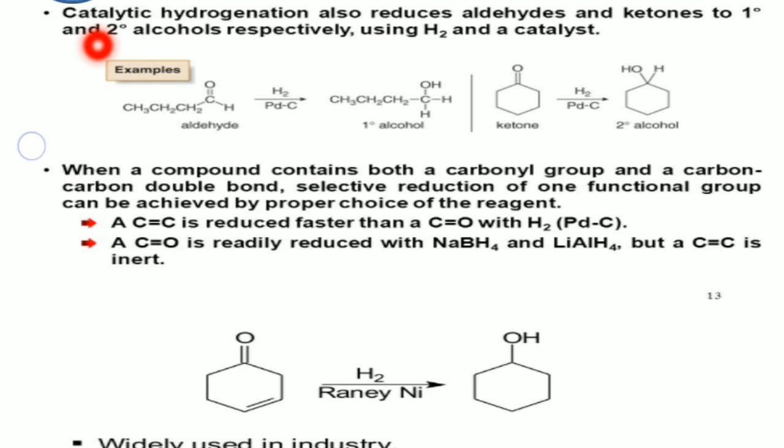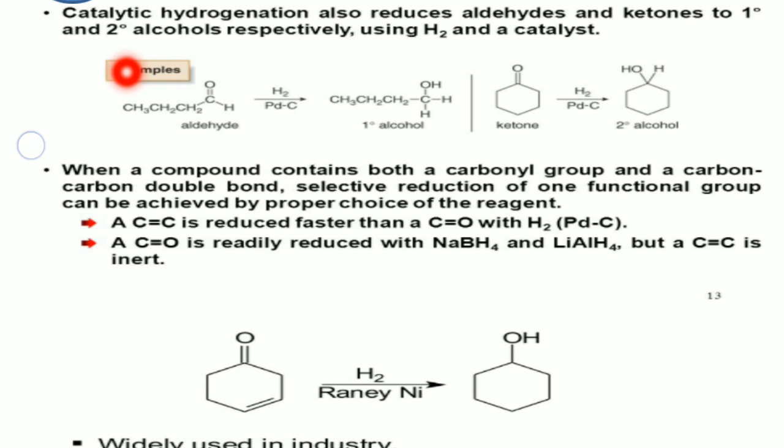If any aldehyde or ketone molecule contains a carbon-carbon double bond, these reagents cannot reduce that bond. But palladium on carbon catalyst reduces the carbon-carbon double bond also along with the carbon-oxygen double bond, but that will proceed with some speed.